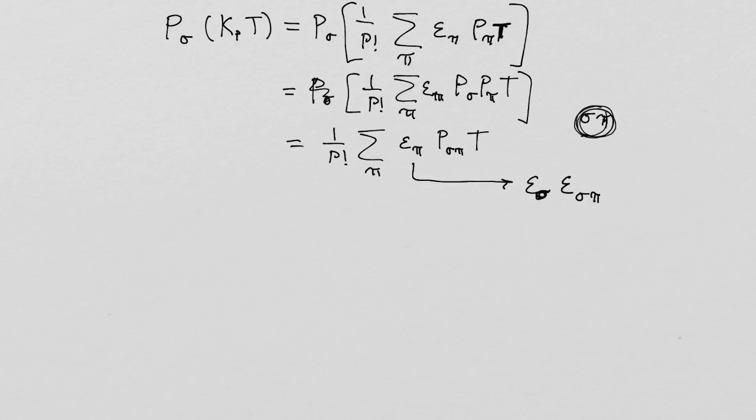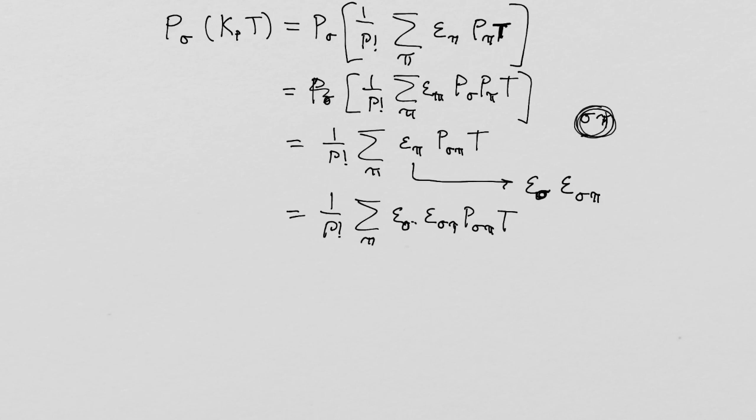But the reason that's nice is that it lets me write it this way: 1 over p factorial, sum over all possible pi, sign of sigma pi, p sigma pi t, right?